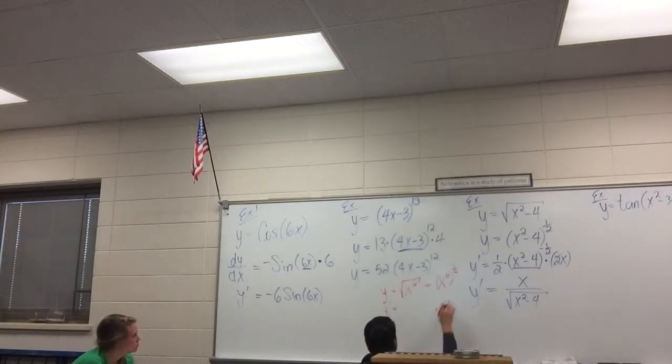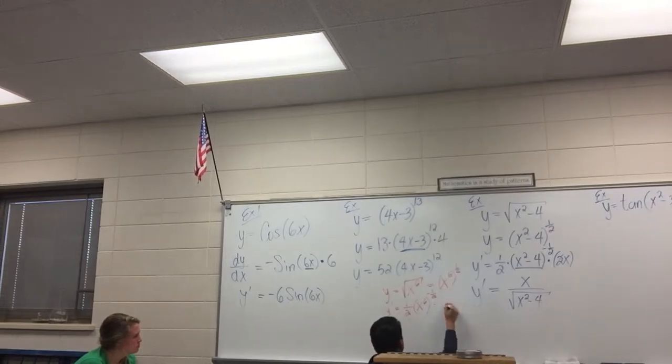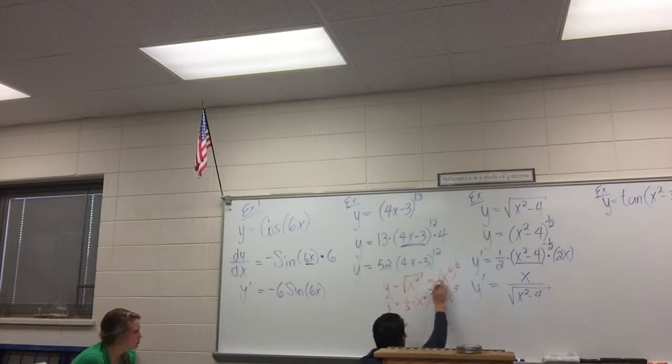Then applying the rule, it would be 1/2 times x to the 6th to the negative 1/2, multiplied by the derivative of x to the 6th, which is 6x to the 5th. Right? This would be using the chain rule on this example.